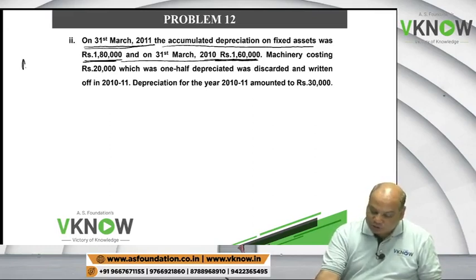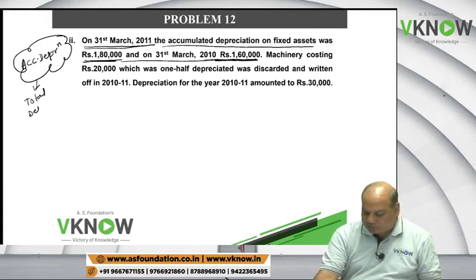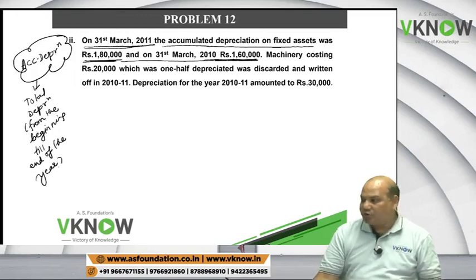So here they are talking about something called accumulated depreciation. Accumulated depreciation means total depreciation from the beginning, since the asset was purchased, till the end of the year. That is called accumulated depreciation.